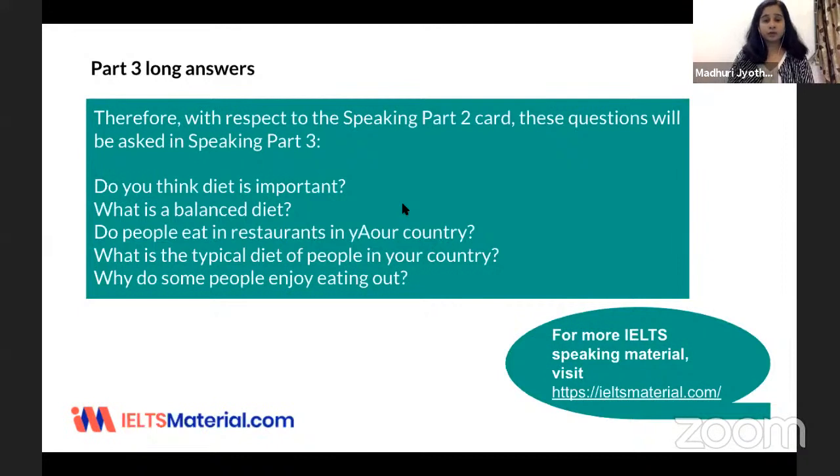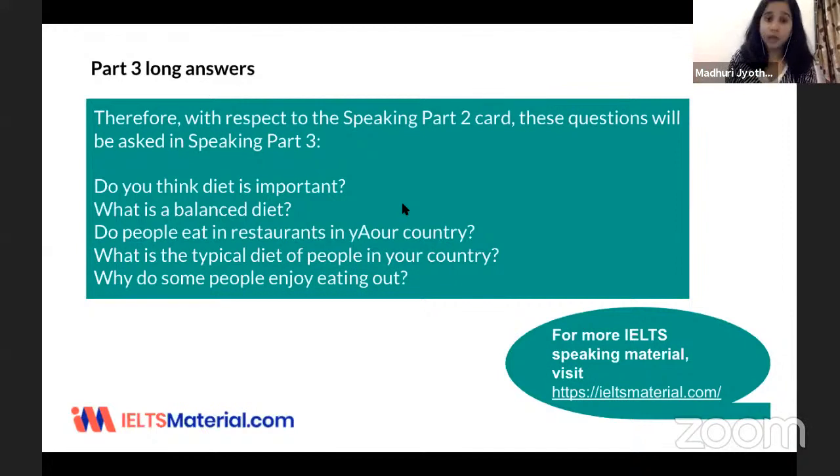Accent is not important, but pronunciation is. Just like in writing, there are 4 parameters for speaking. One is your pronunciation. It does not mean that you have to have an accent, it means that you have to say the word correctly in the way that it is meant to be spoken. Fluency is another, where you don't have too many gaps between your sentences, so try to fill those gaps.